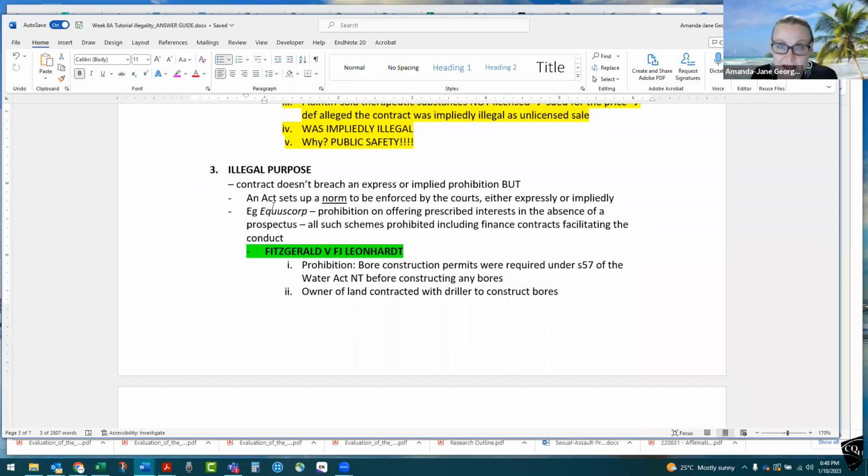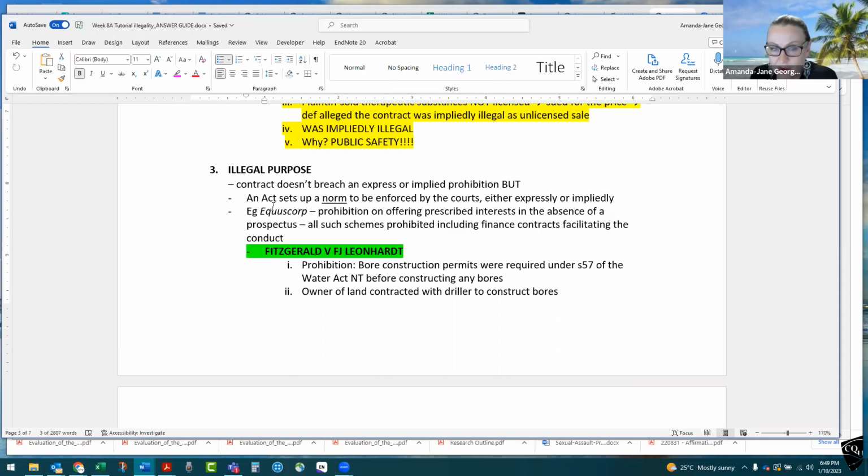It doesn't say it's unlawful to do X, and then you've made a contract to enter into it. That would be implied illegality. So it doesn't do either of those things. But the Act sets up a norm to be enforced by the courts.